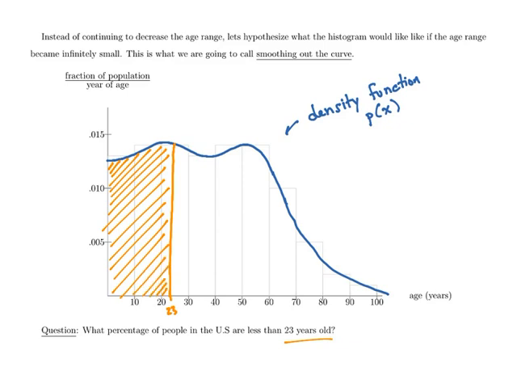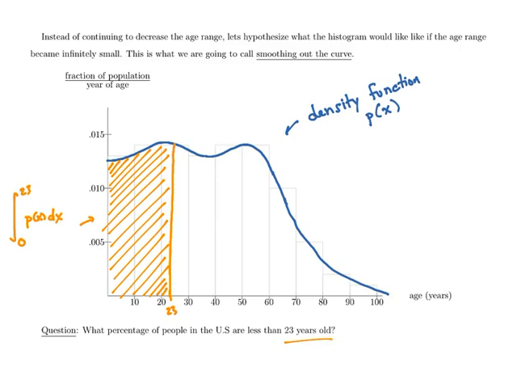In order to find an exact value for this 23, we'd have to have all the data of people within 1 year gaps, but now we can just do it with this density function p of x. So we know stuff about the area under a curve. We know that this is going to be the integral of p of x dx, and the bounds are going to be 0 to 23. That is the area under that curve to the x-axis, again from 0 to 23.